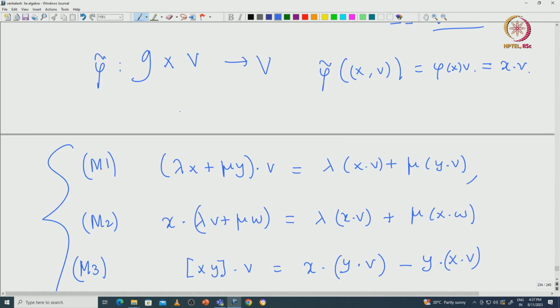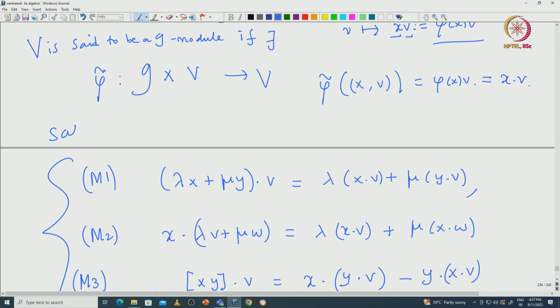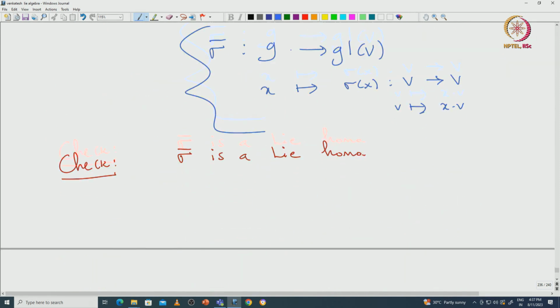So, G module means V is said to be a G module if there exists such a map, phi tilde, like this, satisfying this condition. Okay. And basically what we saw is that there is a dictionary between representations and G modules.